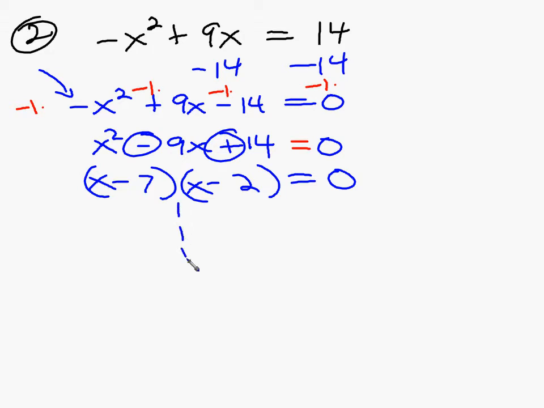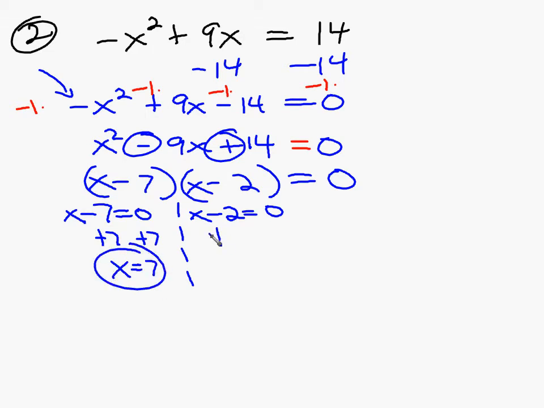We split this up into 2 little mini equations equal to 0, and we solve those. And then we have our answers. x equals 7, x equals 2. Okay? Now, I better do one of these problems just because if I don't, somebody might come in crying tomorrow.